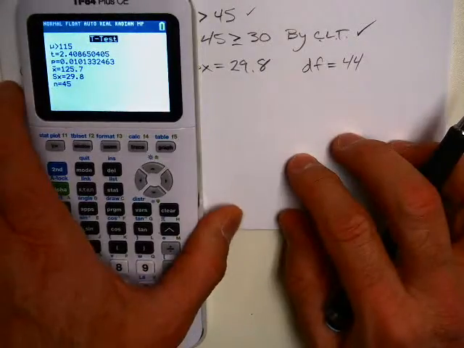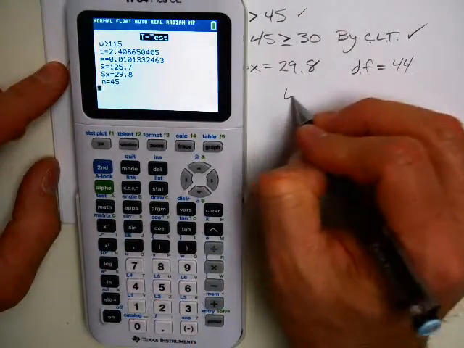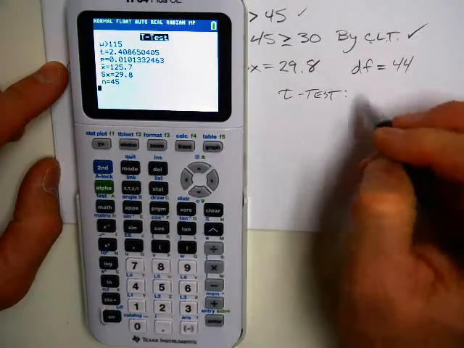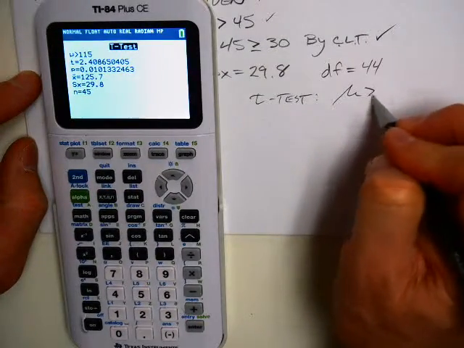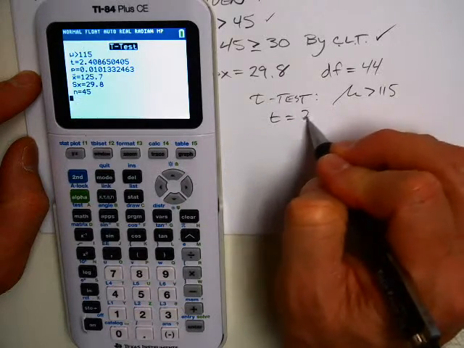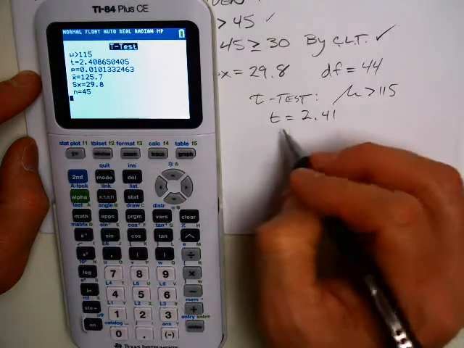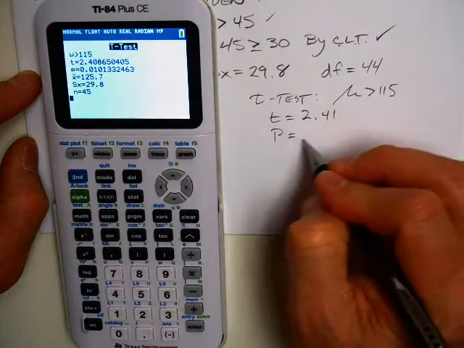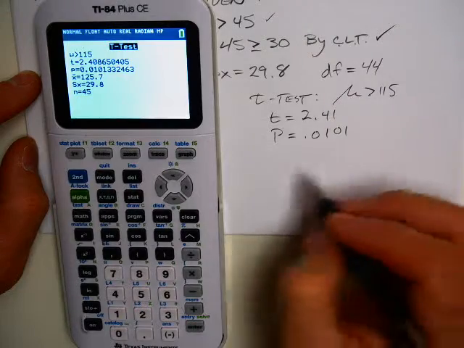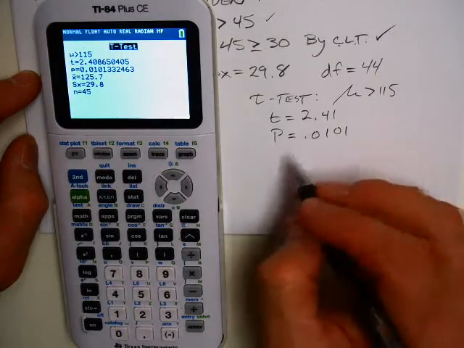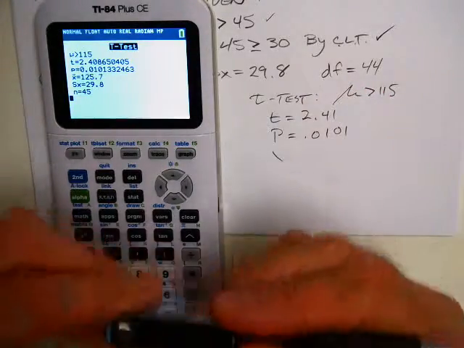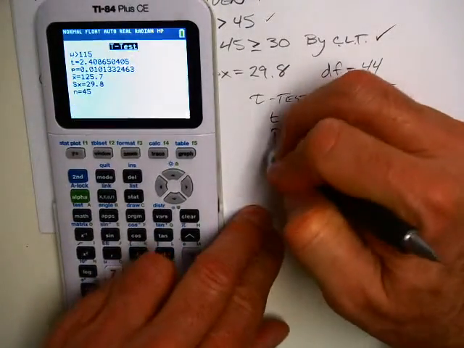So a t-test gives us t is 2.41, p is 0.0101. Throw that out there just in case we're looking at something. X bar, Sx, and n we've already got, so I don't know that I need to write those.